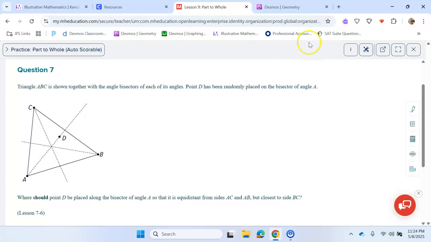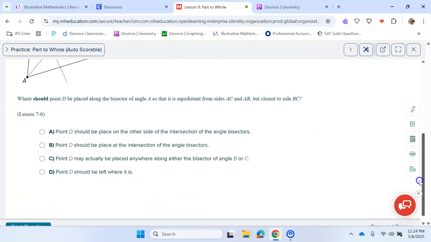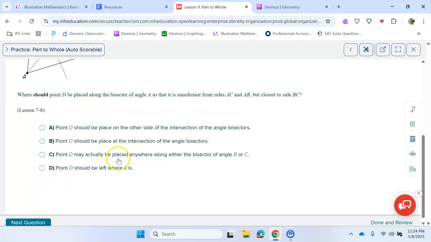Well, it can be placed anywhere on that angle bisector, and it is the same distance from side AC and side AB. It needs to remain where it is to be closest to side BC. Point D may actually be placed anywhere. No, point D should be left where it is.